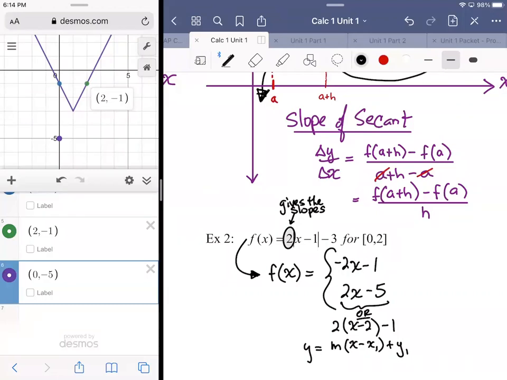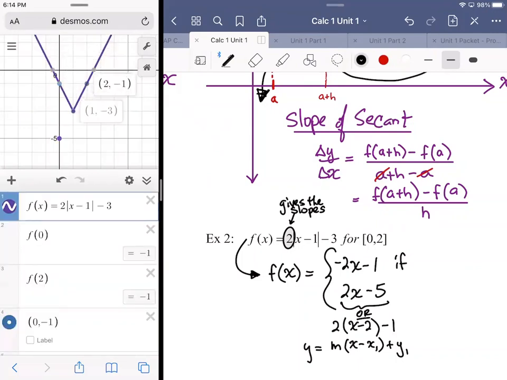So if the x value in this graph is less than or equal to 1, then this piece would be relevant. If the x value was greater than 1, so getting onto this piece here, starting at 1 and then going on forever.